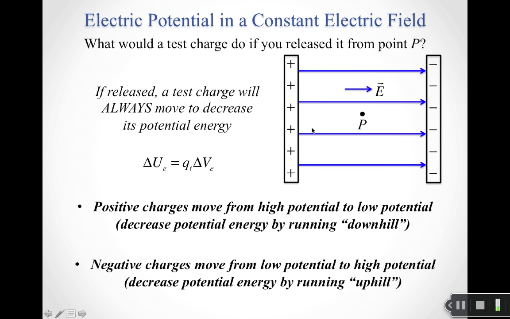So negative charges decrease their potential energy by running uphill, in terms of the way we think about how the potential acts like a hill. So my negative charge, when you release it, will move against the electric field. My positive charge, when you release it, will move with the electric field.